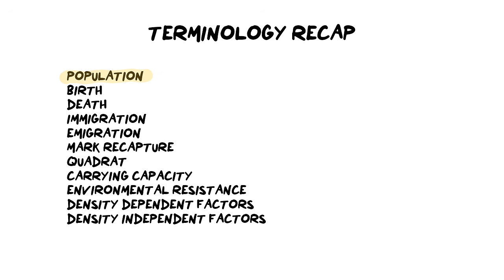It's important that you know the difference between population and the definition for species. Then we looked at how birth and death have a negative or a positive impact on a population by adding or subtracting individuals. We also looked at how immigration, which is the movement of individuals into a population, versus emigration, which is individuals leaving a population, how they impact the overall population numbers.